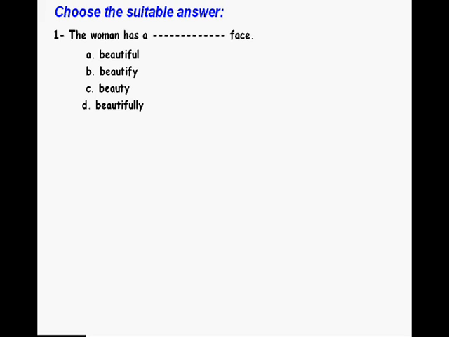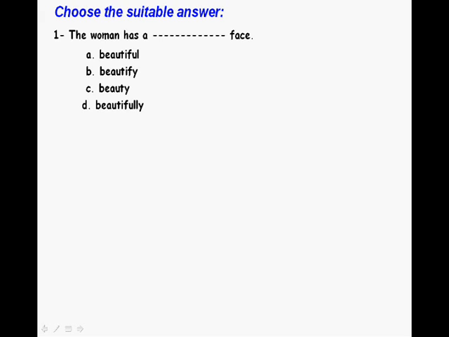Now let's choose the suitable answer. I will do only number 1 with you, then you are going to continue the rest. Number 1 says, the woman has a beautiful face. Remember we said we need to put an adjective before a noun. Face here is the noun. So which word is the adjective here?